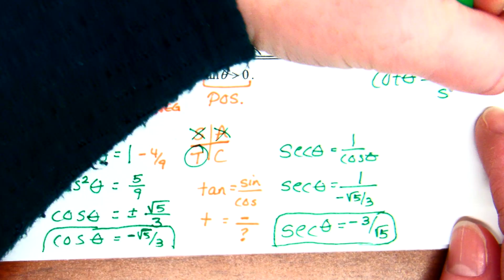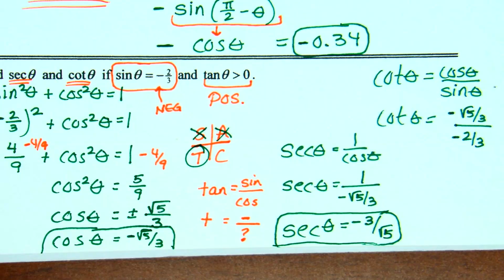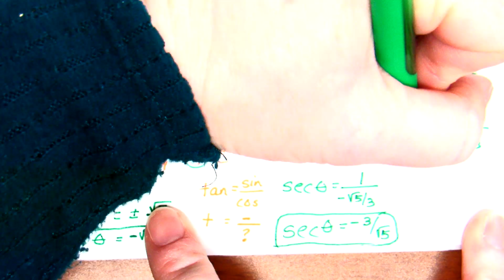Now, fill those pieces in. So cosine on top is going to be negative square root of 5 over 3. Sine on bottom, what was sine? Negative 2 over 3. I have a fraction divided by a fraction.